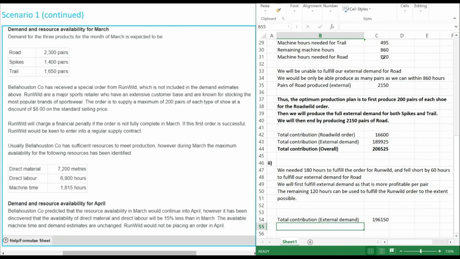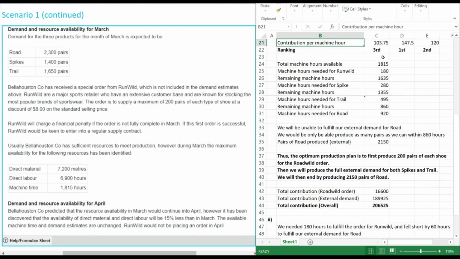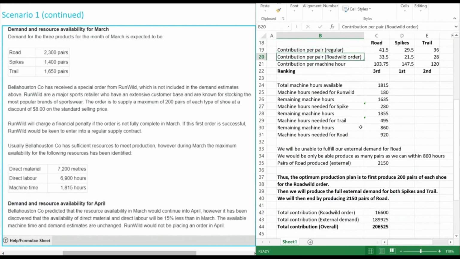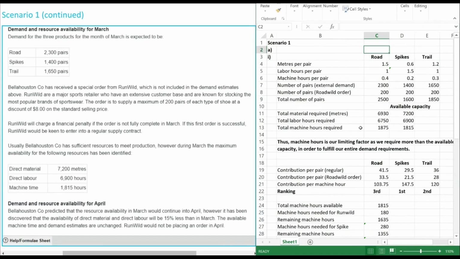Now how much can we fulfill for Runwild? For Runwild, it makes sense once again that we try to follow the ranking, because now we can't fulfill the entire order. We'll follow the ranking of first, second, third between spikes, trail, and road to fulfill the order as much as possible. We have 120 hours, so we'll fall short by 60 hours on the requirement for the road pairs.